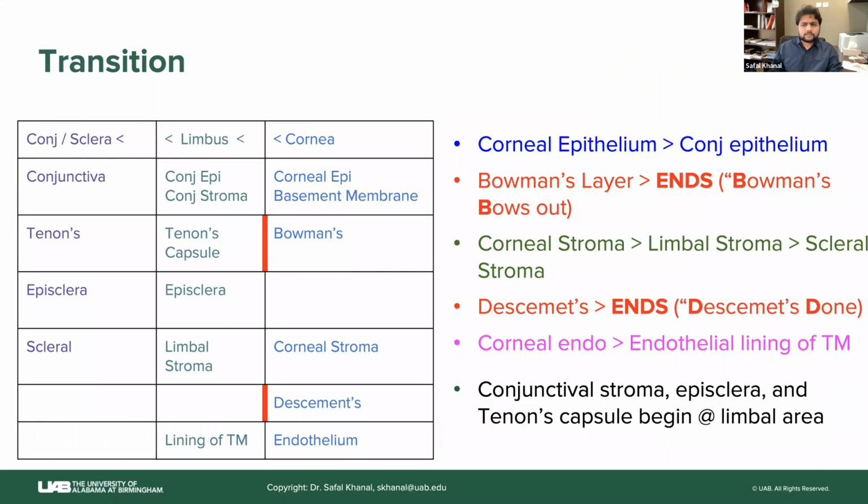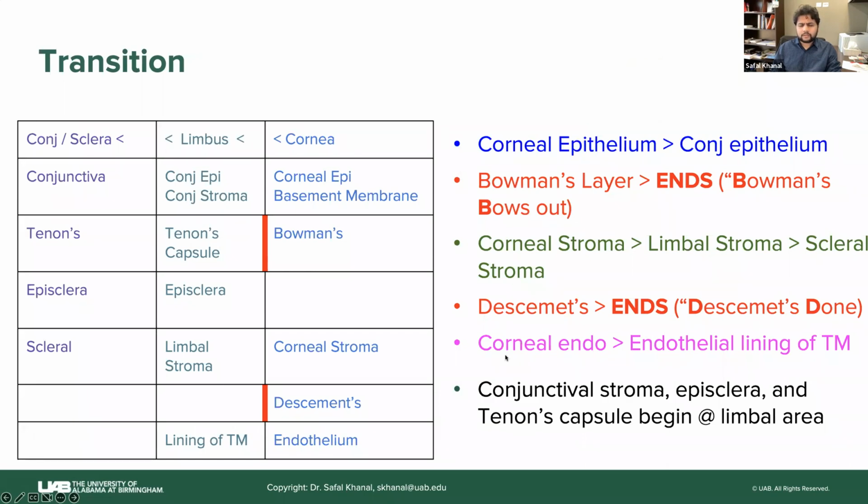So the transition is from corneal epithelium to conjunctival epithelium. The Bowman's layer of the cornea actually ends. So Bowman's bows out. Corneal stroma continues to become limbal stroma and then scleral stroma. The Descemet's membrane also ends. Descemet's is done.